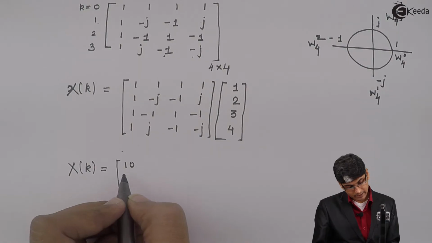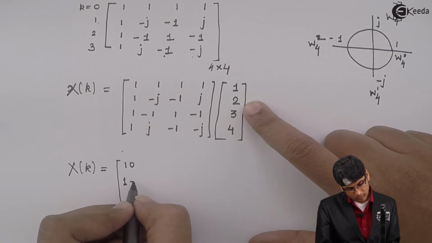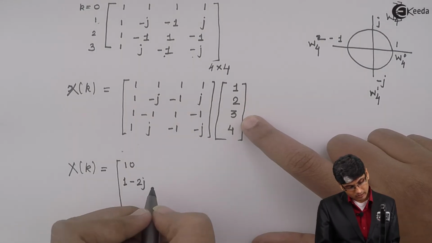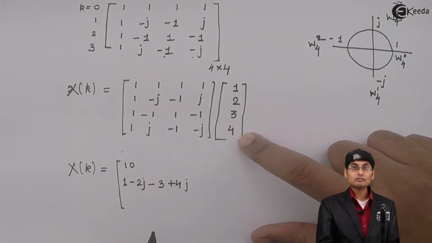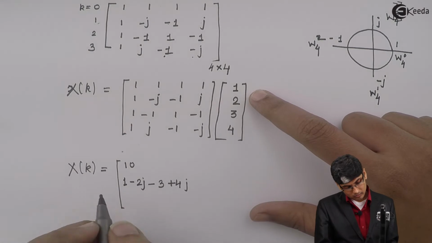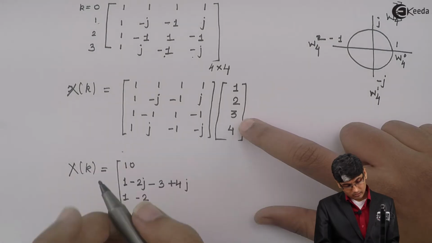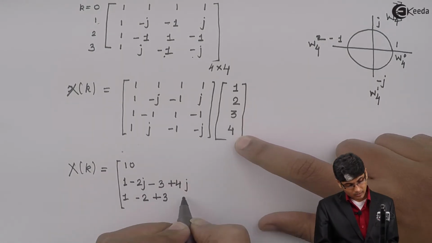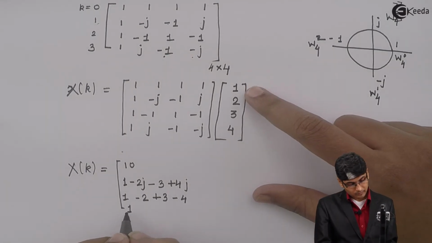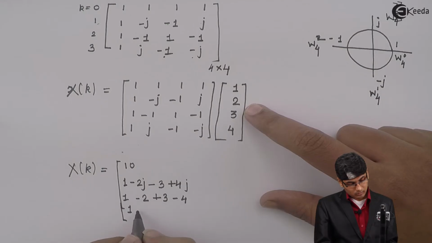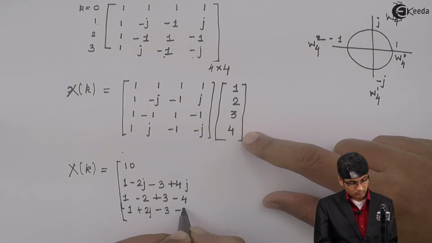So, for safer side, let us write it is 1 when I multiply this, then it is minus 2j, then it is minus 3, then it is plus 4j. Okay. Next is 1, then minus 2, then plus 3 and then minus 4. Finally, 1, okay, then plus 2j, then minus 3, then minus 4j.